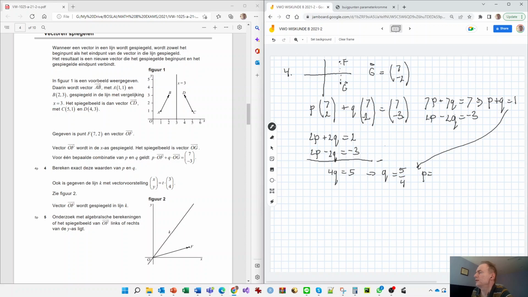So my arrow is misplaced. I had 1, then bring Q to the right hand side, minus Q is 1 minus 5 over 4. I write it in equal denominators, 4 over 4, so I get P is minus 1 over 4. And that's the answer.